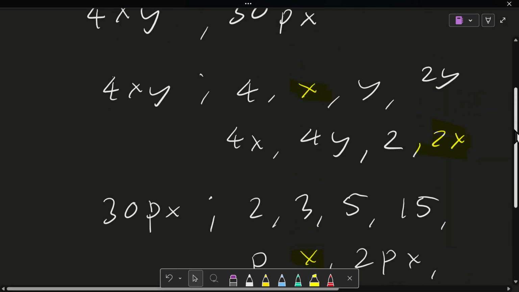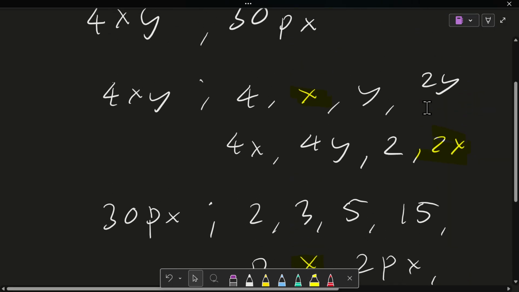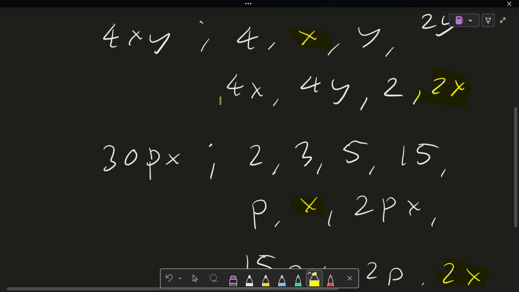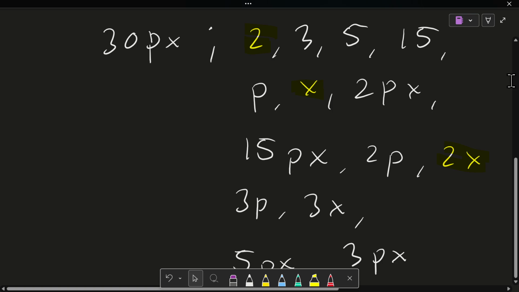Some more, what else? We have 2, here also 2. So the rest, there's nothing, right?